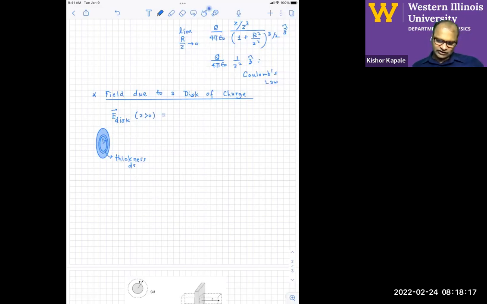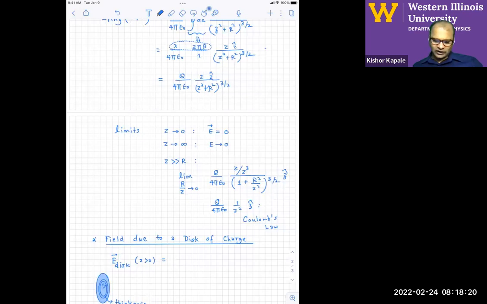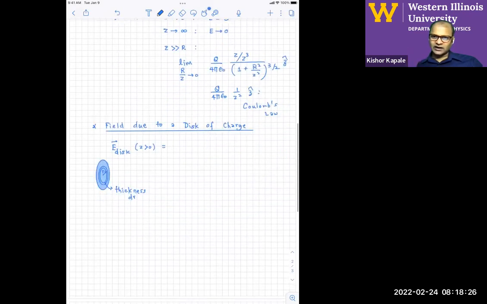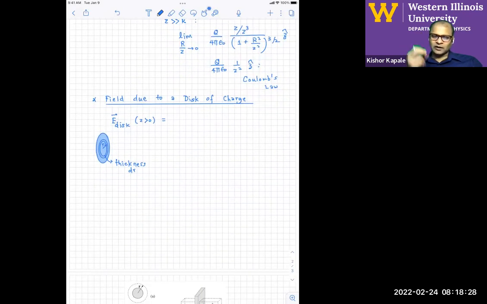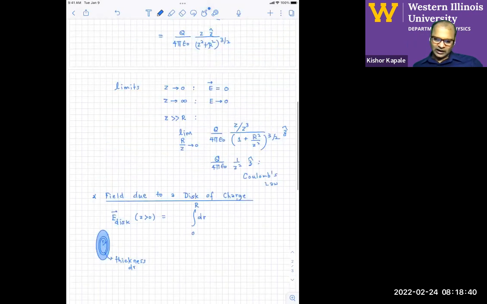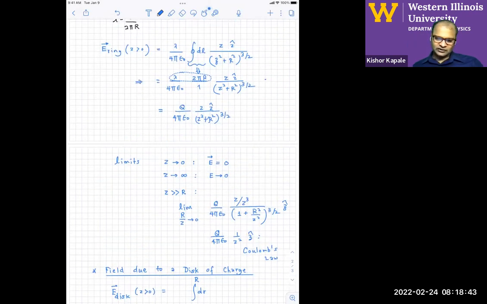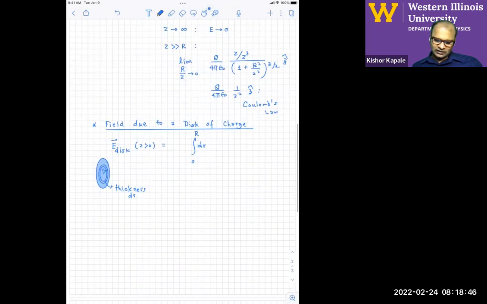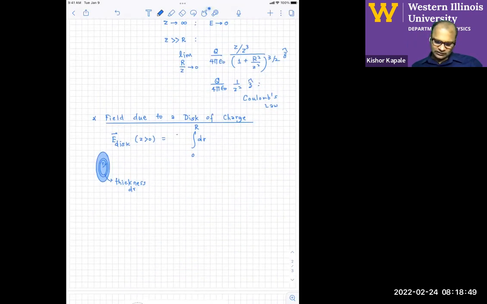What we need to do here is take the expression that we had for the ring electric field and integrate it for the different values of the rings, from various radii starting with 0 to R. So it's the radius that's going to change now. So you're going to do the integral from 0 to R of dr. We are going to take a look at this expression here. We had 2 pi r lambda, and that's what we are going to write down there. z over 4 pi epsilon 0, that part is just a constant, so it just comes out.